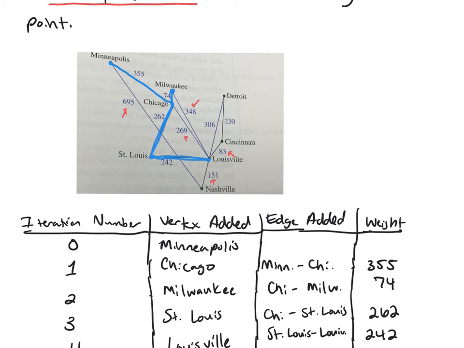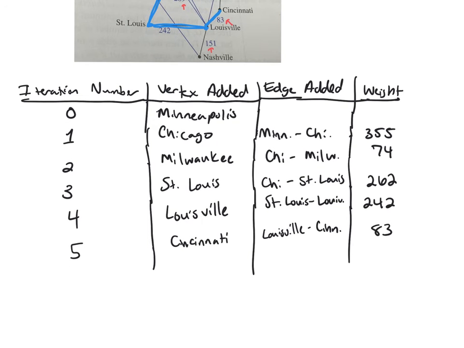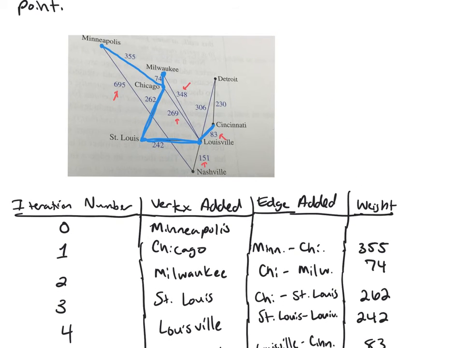So you're going to look for the smallest weight. So 83 appears to be the smallest weight. So we're going to add that one in. So 83, it was from Louisville to Cincinnati. Okay.